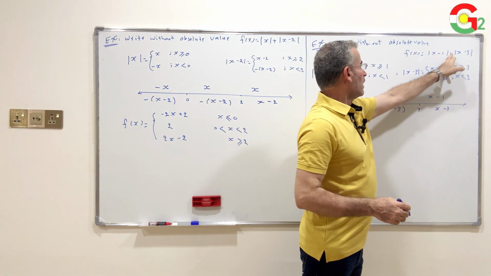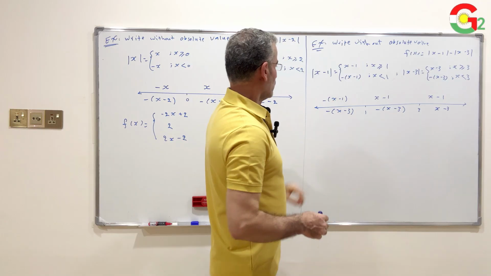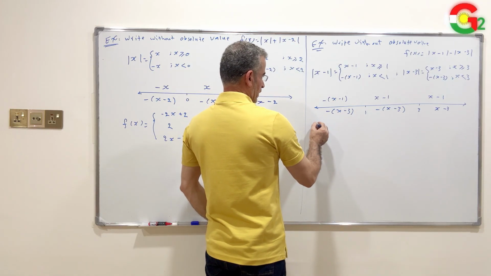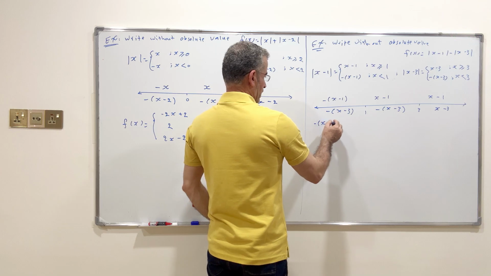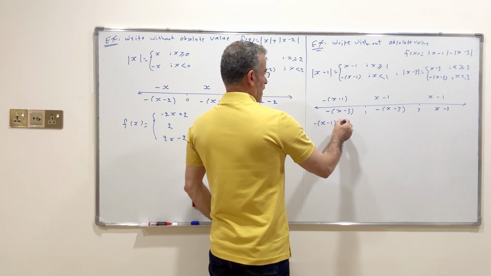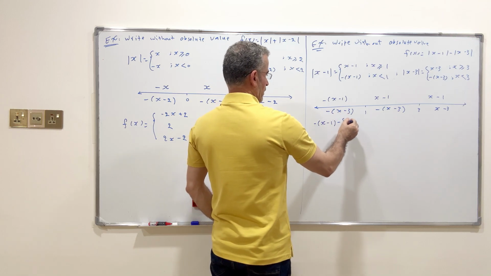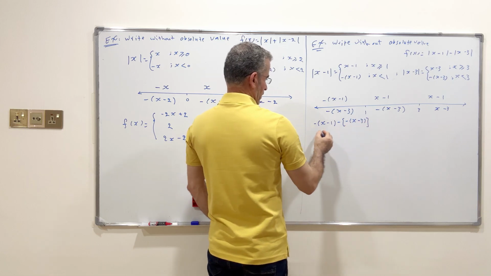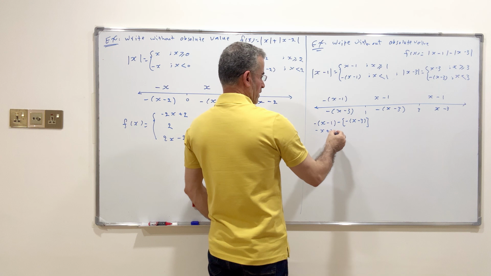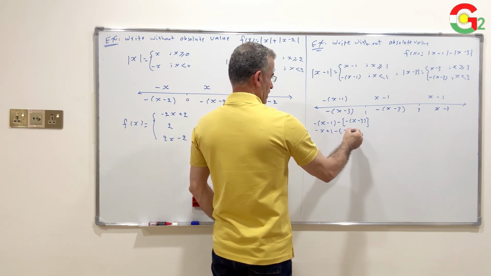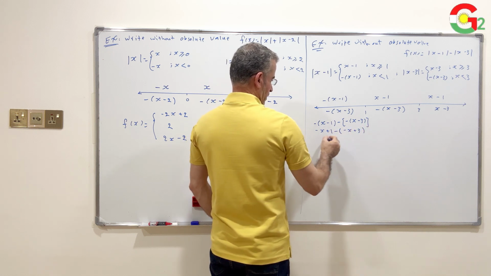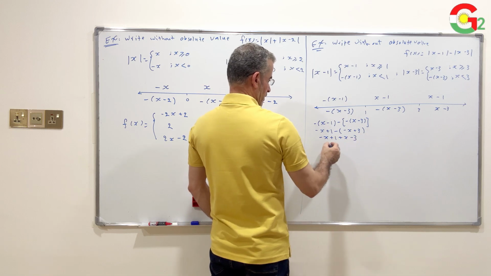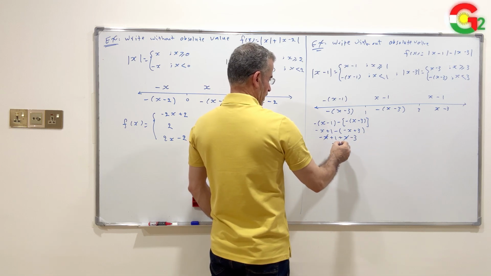Now, there is a minus between these two functions. Therefore, I am going to subtract them. For the first one: negative bracket x minus 1 minus negative bracket x minus 3, which is minus x plus 1 plus x minus 3, which equals negative 2.